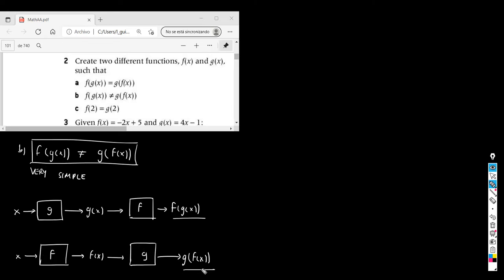The most likely thing for functions in general is that these two results will be different, because it's very hard to conceive functions in which the order in which you apply them doesn't matter.